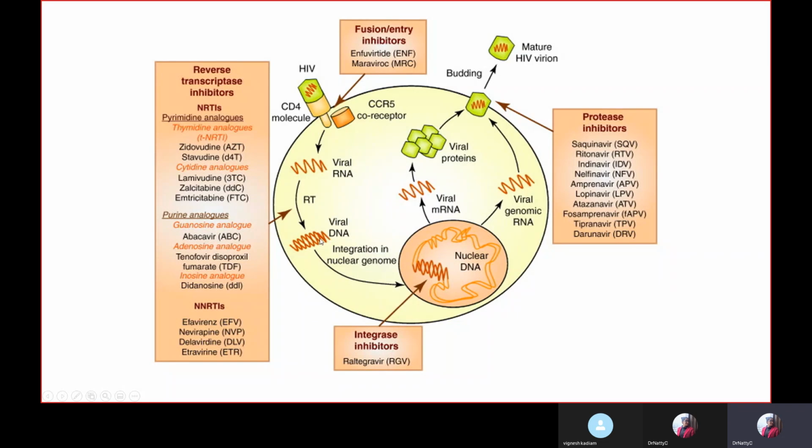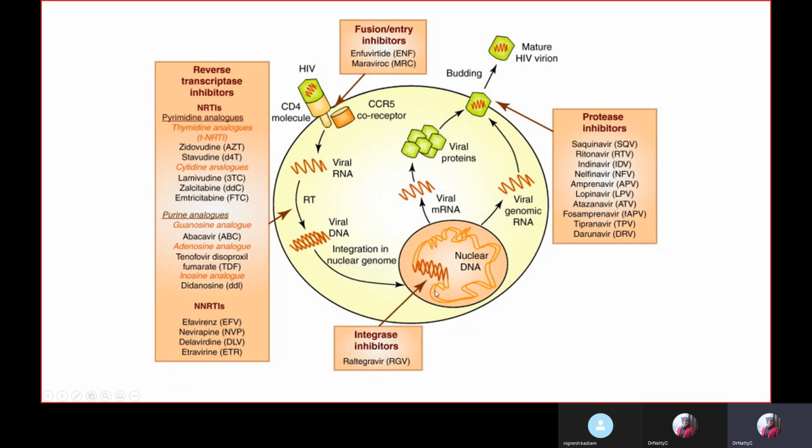Then after that, inside, during the viral replication, there are many drugs which include the reverse transcriptase inhibitors and non-nucleoside reverse transcriptase inhibitors. They include zidovudine, stavudine, lamivudine, then abacavir, tenofovir, then NNRTIs include nevirapine, delavirdine, etravirine. Then after that, integrase.